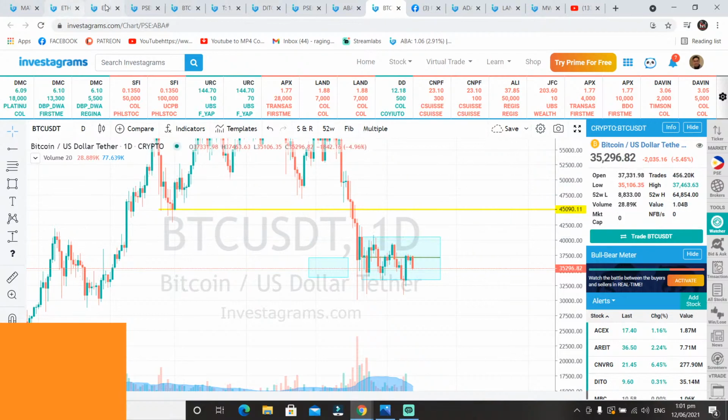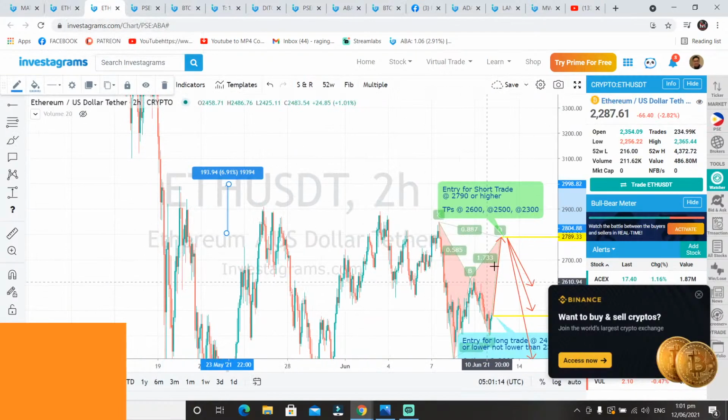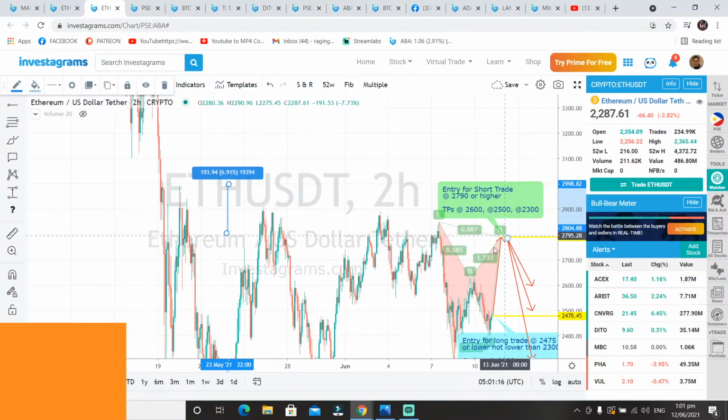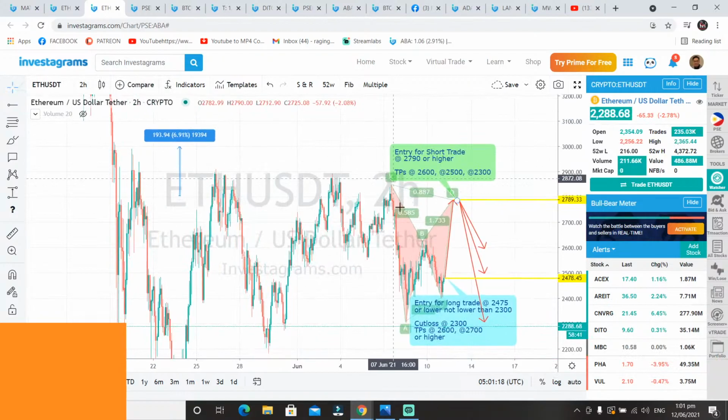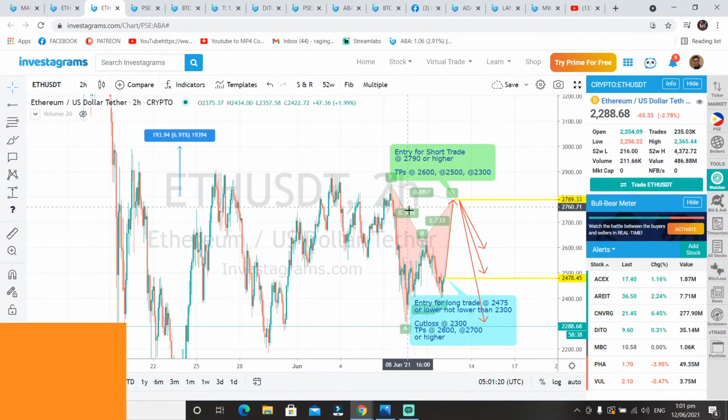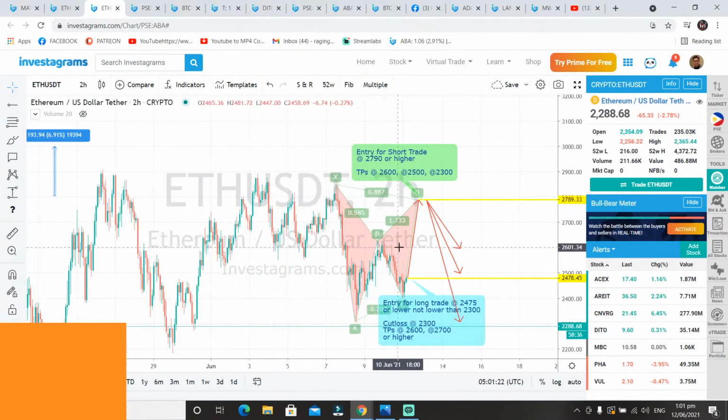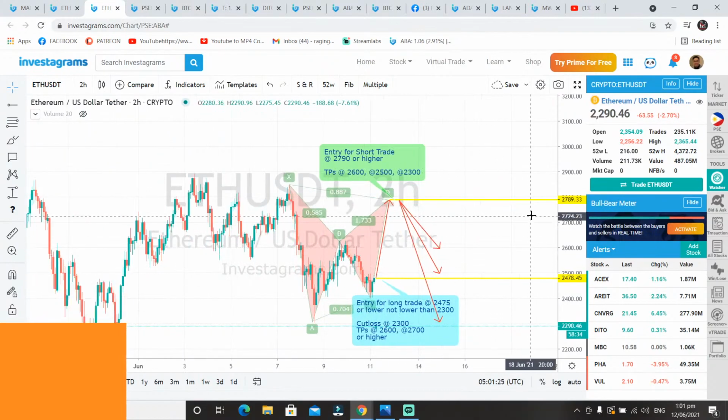In the case of Ethereum last night, instead of our projected XABCD cipher pattern, what materialized is the shark harmonic pattern. I'll be teaching you how to properly use this.